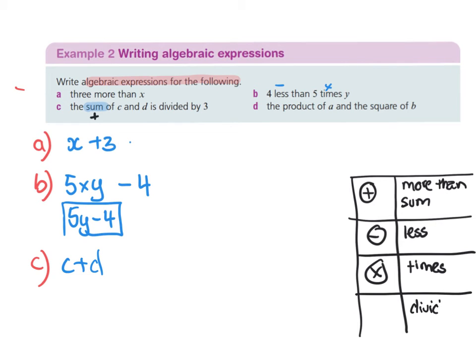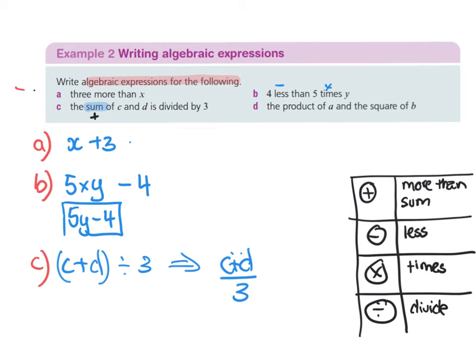When we write divide, that's this symbol, isn't it? But what's another thing I can do instead of saying C plus D divide by 3? Fraction. Yeah, good, excellent. You can use that fraction bar to write it.